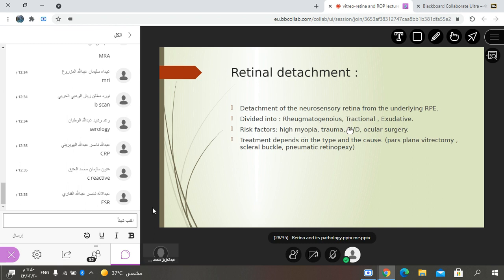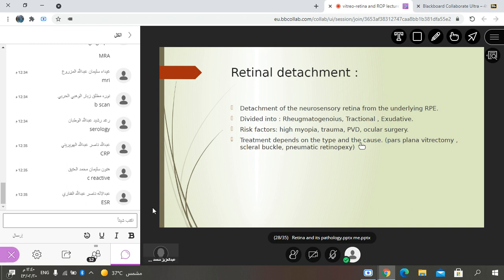Risk factors, high myopia. Risk factors of what? Of the rhegmatogenous type: high myopia, trauma, posterior vitreous detachment, which is common, and ocular surgery. All of these can result in detachment. Which type? Rhegmatogenous. Traction with diabetic. Exudative with inflammatory conditions. Exudative, treat the underlying cause. Tractional and rhegmatogenous need surgical intervention.